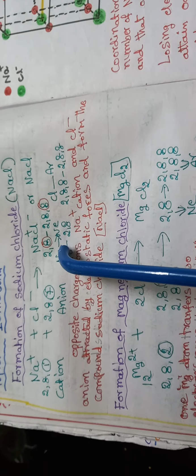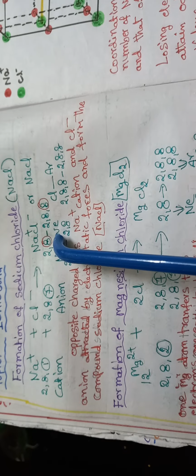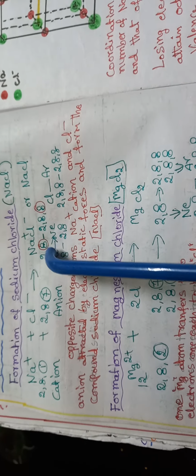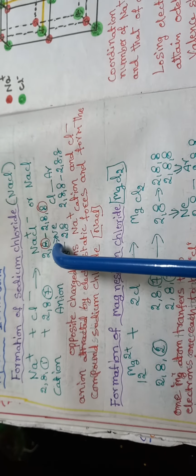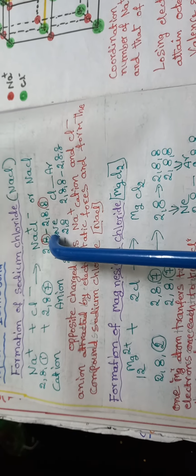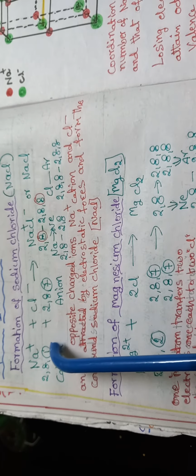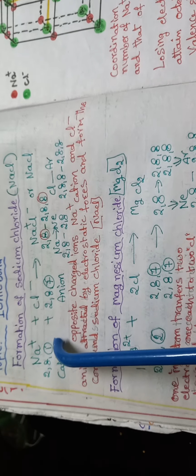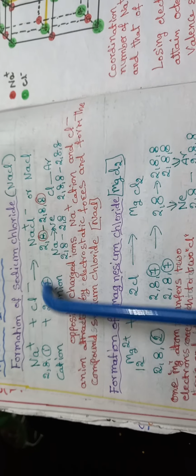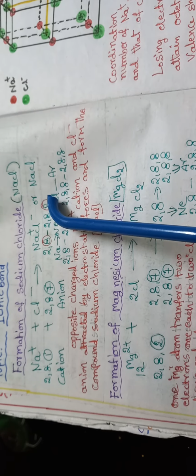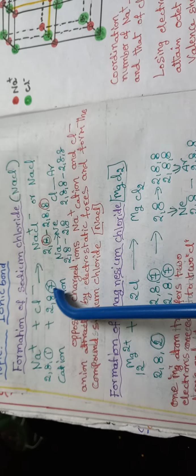Here sodium donates the one electron for getting the octet position. Octet position means the outer shell contains 8 electrons, by removing 1 electron from the outer shell. Next, chlorine gets the octet position by getting the 1 electron.